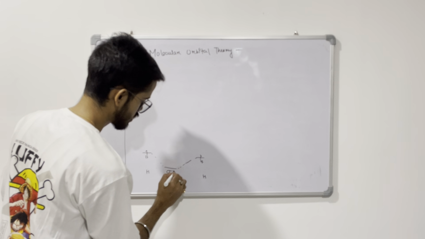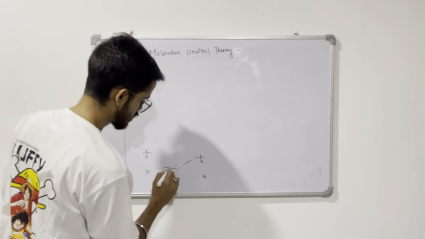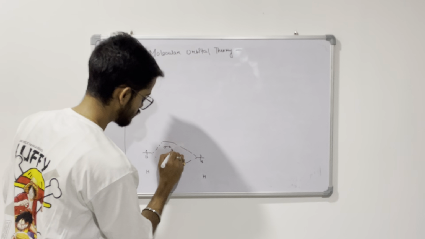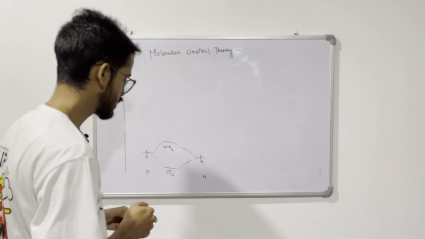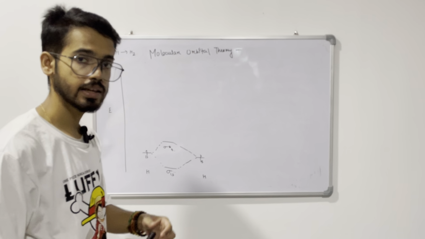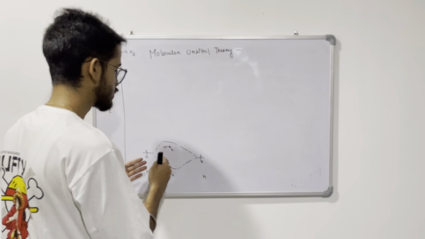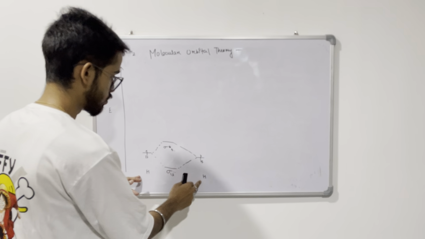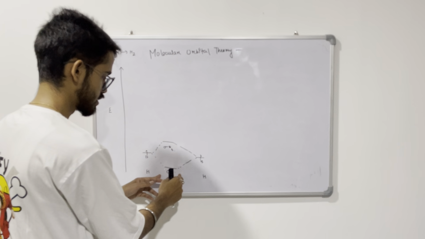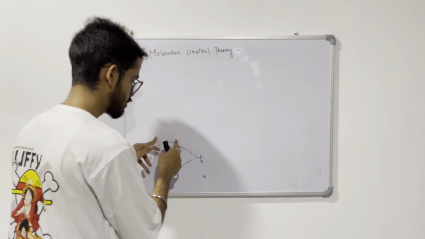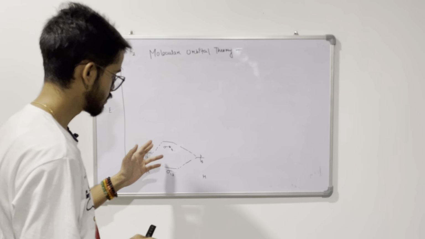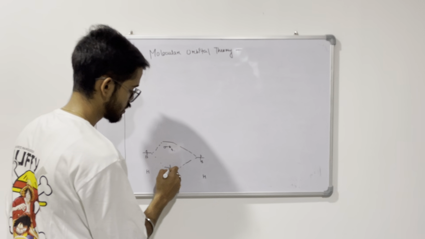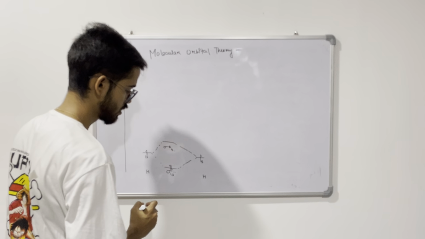Sigma 1s and sigma star 1s. Always remember the energy of bonding molecular orbital is always less than that of the parent atomic orbitals, and in case of antibonding molecular orbital the energy is always higher than parent atomic orbitals. So first of all, the lower energy molecular orbitals will be filled, bonding.